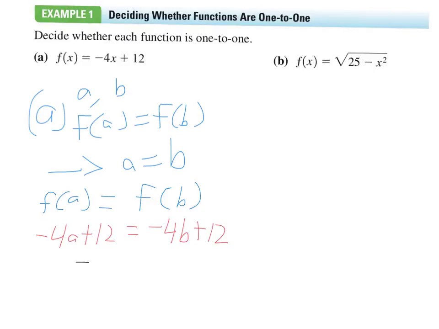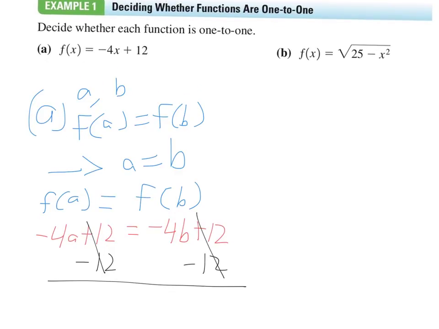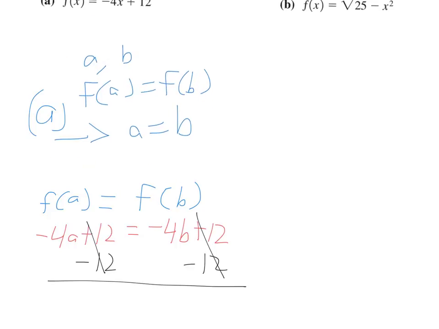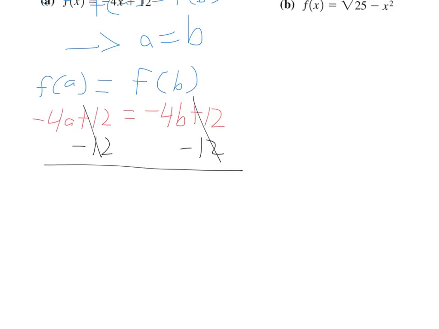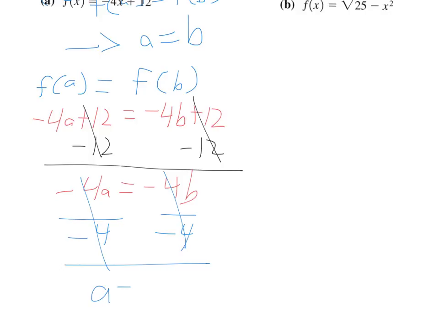Now if you subtract 12 from both sides, you would have minus 4a is equal to minus 4b. Divide by negative 4, and that tells you that the y values being equal would imply that the x values are equal. So in this instance, f of x is 1-to-1.